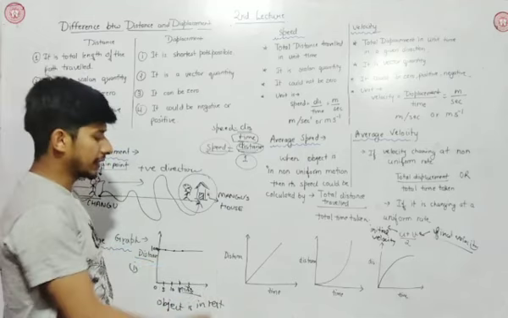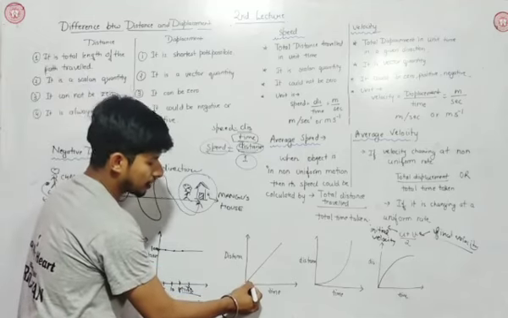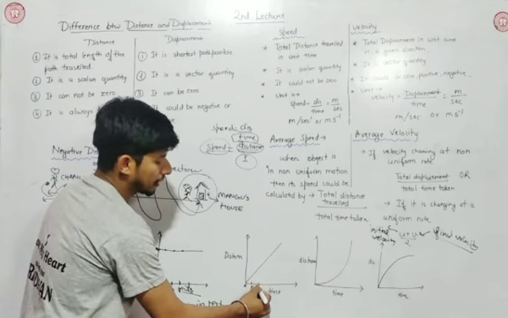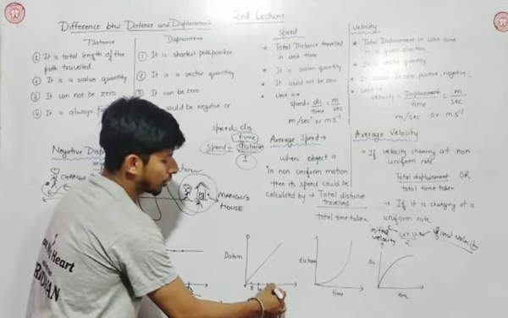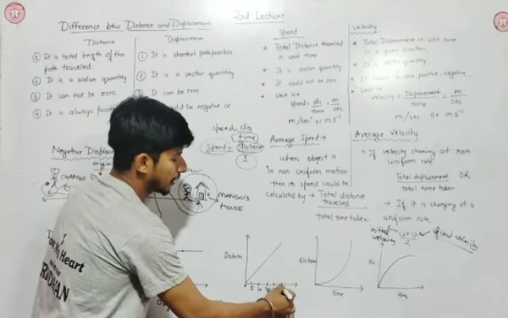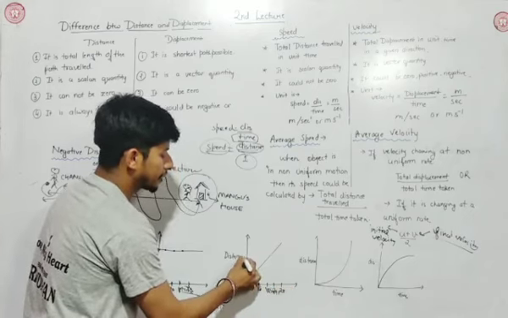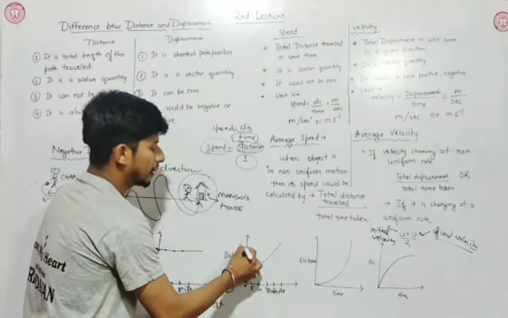Second graph. In the second graph we see, let's draw some values. 5 seconds, 10 seconds, 15 seconds, 20 seconds, 25 seconds. 5 meters, 10 meters, 15 meters, 20 meters.